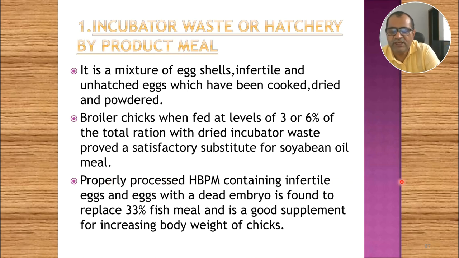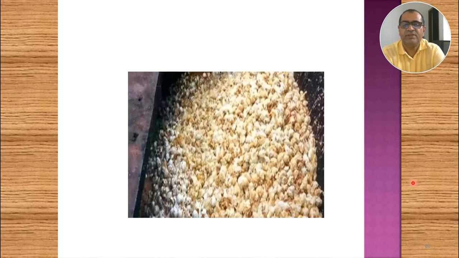So properly, if we process the egg waste, this can replace 33% of fish meal, and it's a good source of protein, especially to increase the body weight. So this is the egg waste, or the poultry waste.